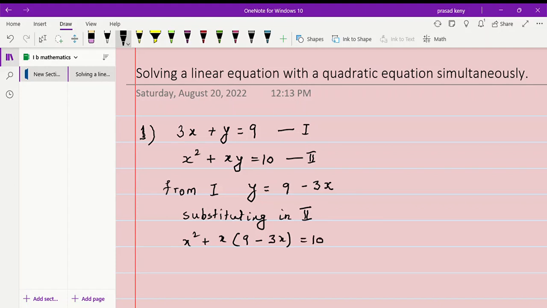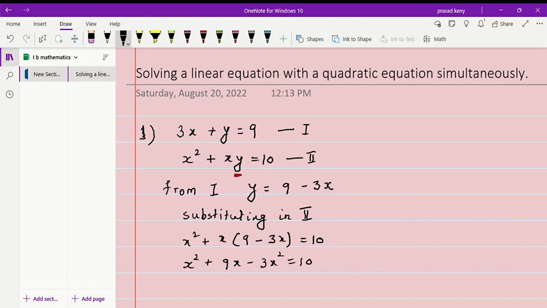So what I have done is, I expressed y in terms of x from equation 1 and that y I substituted in equation 2. So simplify this, you will get x square plus, open this bracket, x into 9, 9x, minus x into 3x, 3x square, is equal to 10.